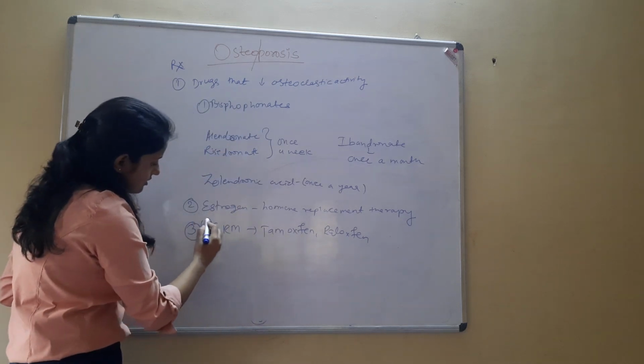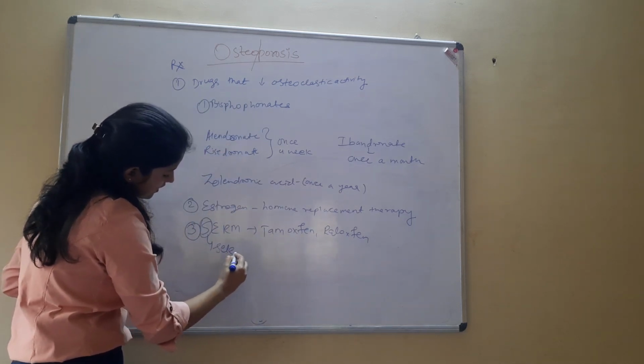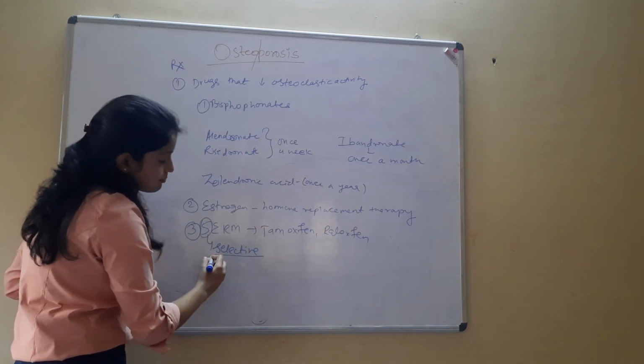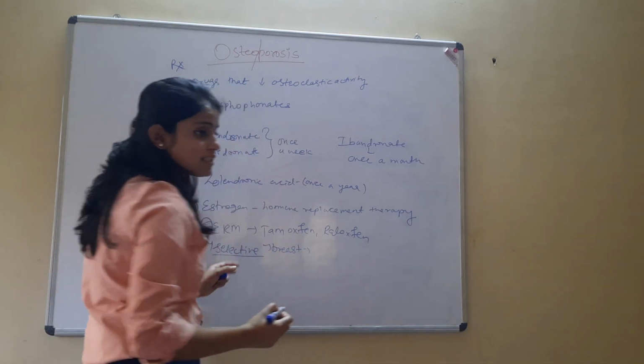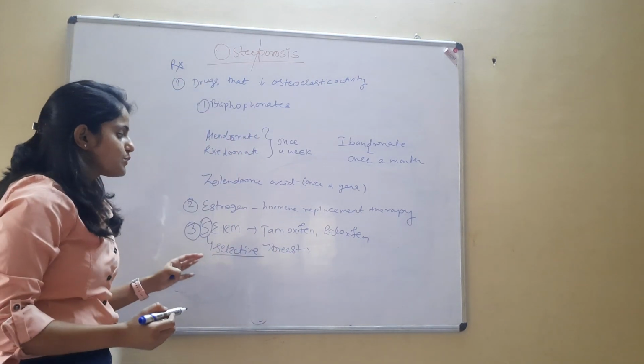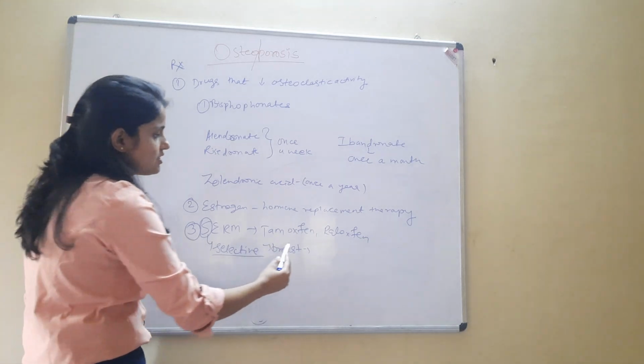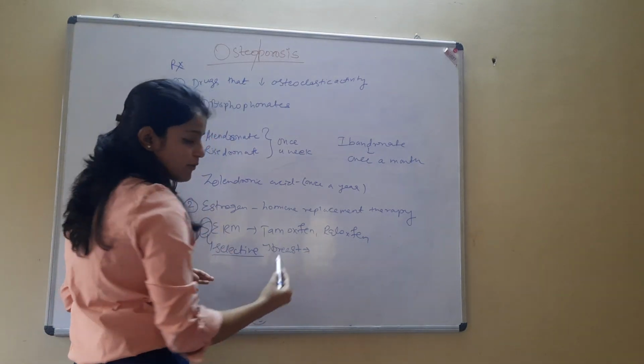It is called selective because in breast tissue, it decreases the growth of the breast tissue. So it is given in the treatment of benign conditions of the breast, as in fibroadenosis.